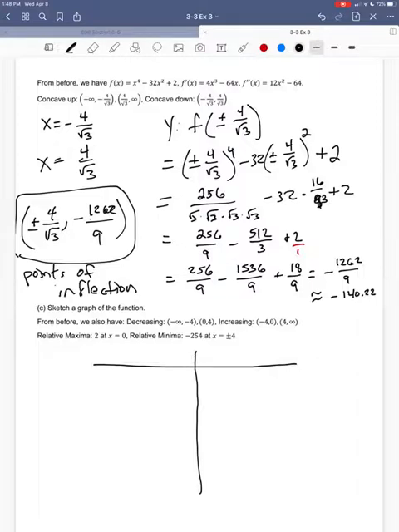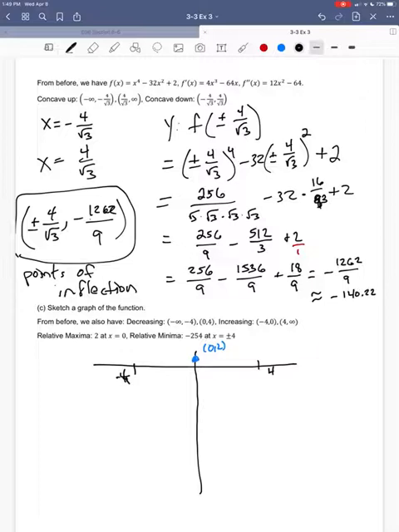So I know I've got this point here. I'm going to have a point here, 0, 2. If I look at my other relative minimum points, those are at plus or minus 4. So if I come over here at negative 4, or I come over here at positive 4, I'm going to have some points there, but they're going to be pretty low, right?